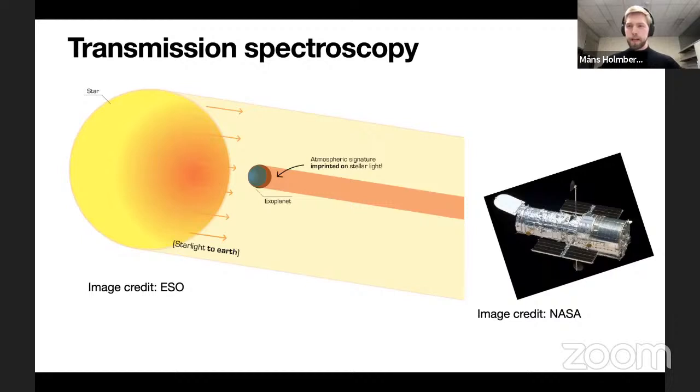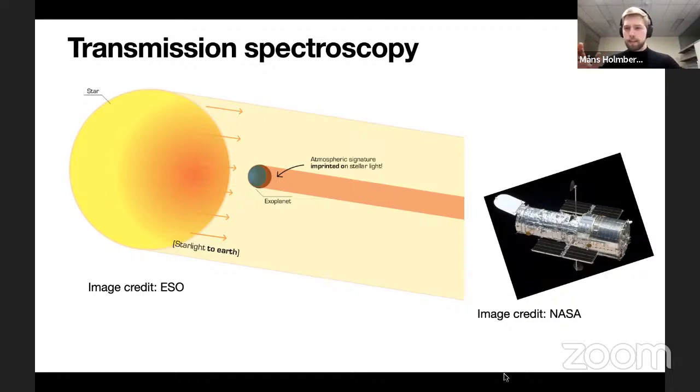What we can do, I talked about these transiting planets before, is that you have an exoplanet transiting in front of its host star, and then some of the light from the host star will pass through the atmosphere. When that happens, we can point a telescope, for example, the Hubble Space Telescope, that is currently in space and doing these types of observations.